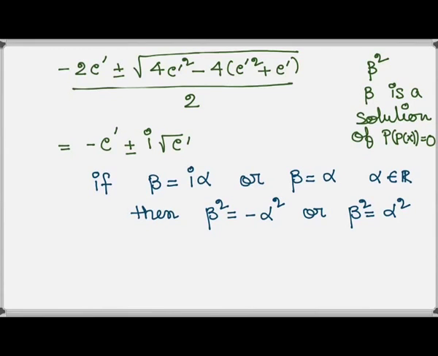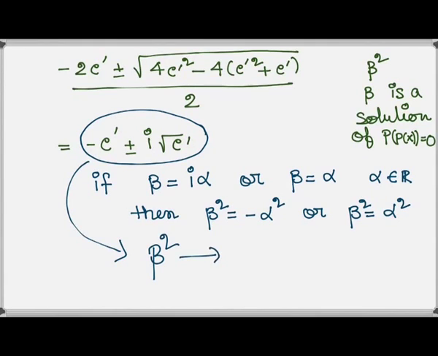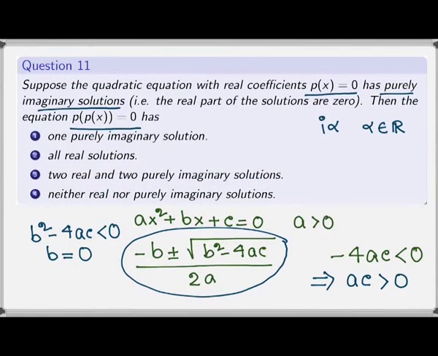But we have already got here that beta square is not real. So therefore the fourth option, which says neither real nor purely imaginary solutions, is correct. And immediately looking at all other options, we can say that the rest 3 options are not correct.